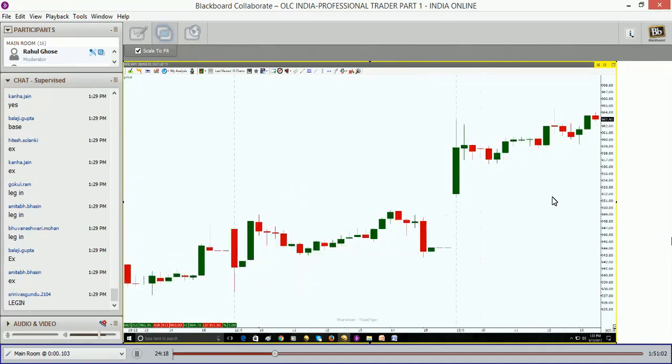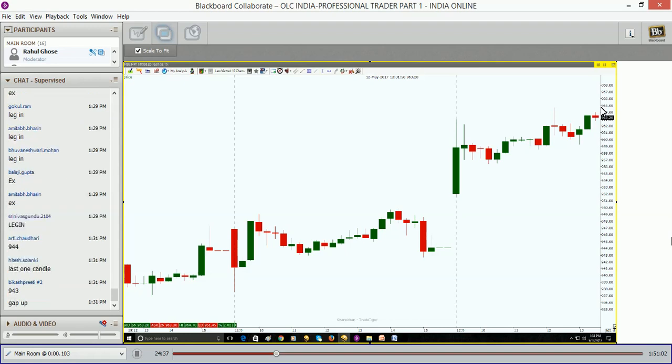Now, where can you see an explosive move in price when you start with current market price, friends? Where can you see an explosive move in price? Gap up. But is that the only explosive move?